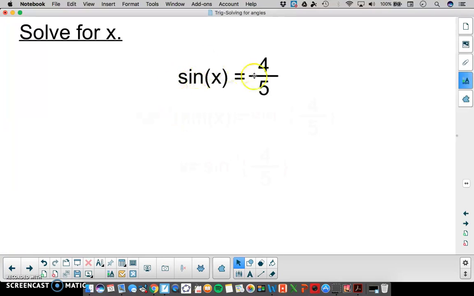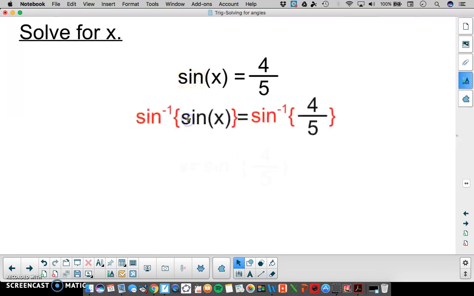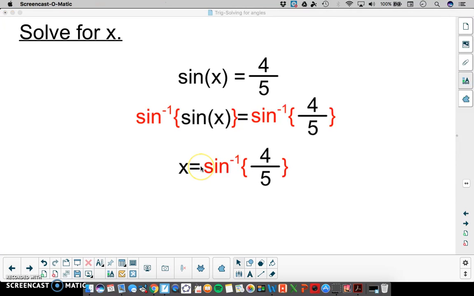We want to solve this equation for x, so I need to undo that sine function. In order to do that, I have to take the inverse sine of both sides. When I do that, I'm isolating the x on the left and then taking the inverse sine of 4/5.